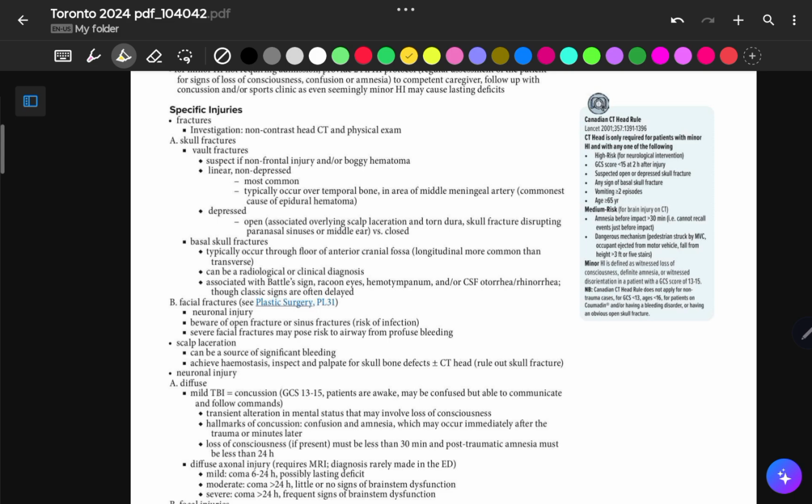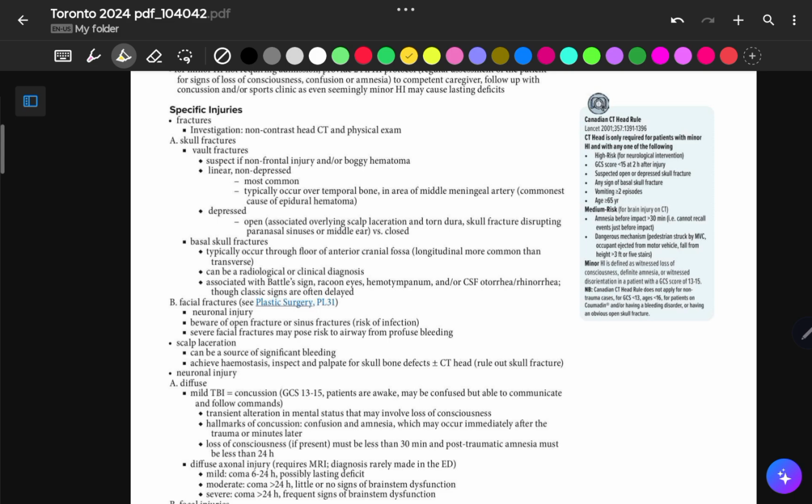It's associated with the Battle sign, the raccoon eyes, the tympanum, and CSF otorrhea or rhinorrhea. Though these are classic signs, they are often delayed. Okay, so that's it for skull fractures.